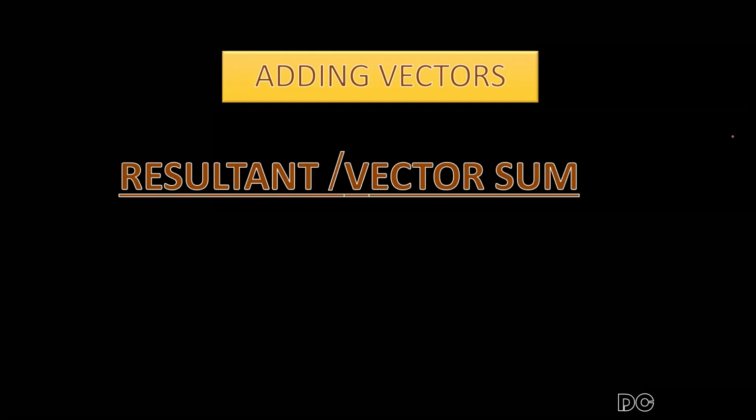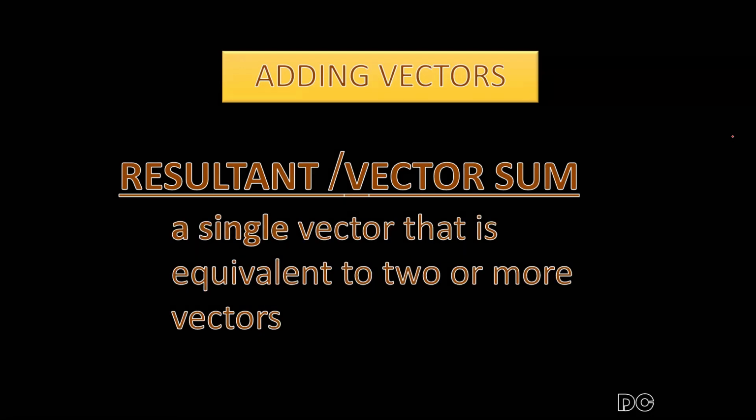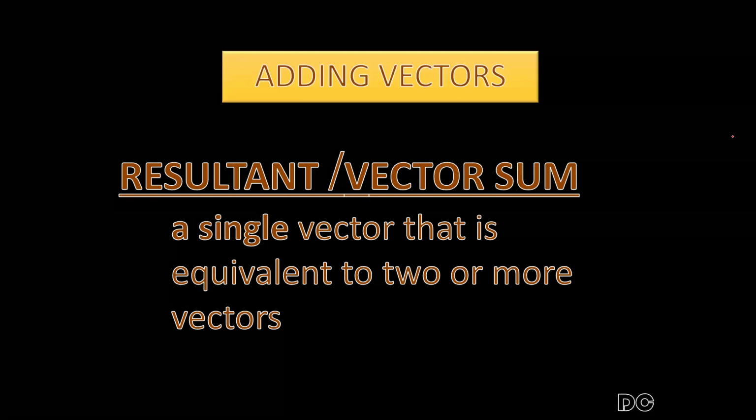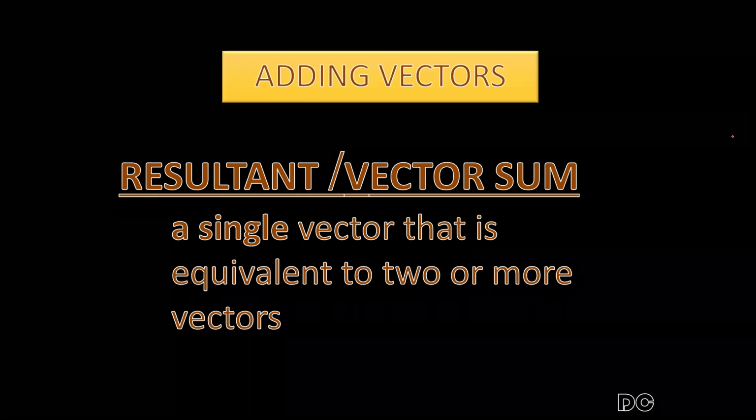So if we add two or more vectors, that is what we call the resultant. Okay, so resultant or the vector sum, that is equivalent to two or more vectors. So when we add vectors, we call this the resultant.